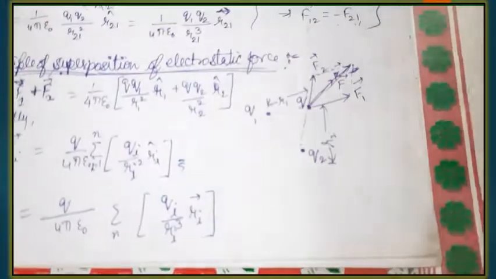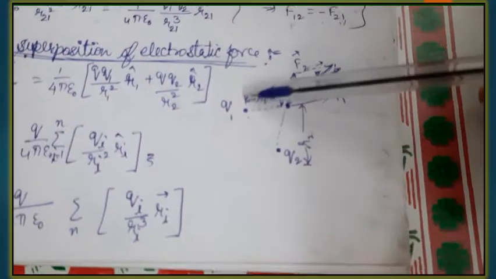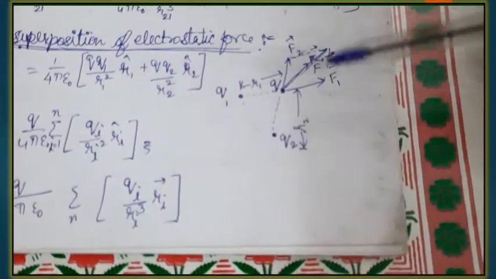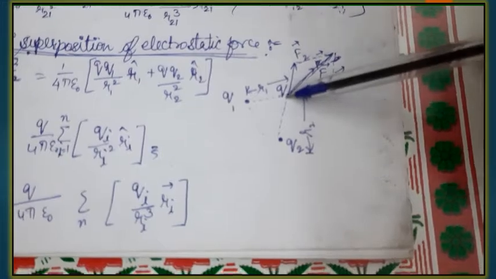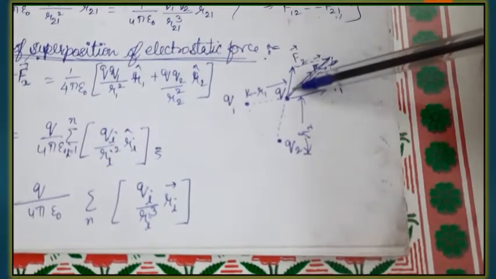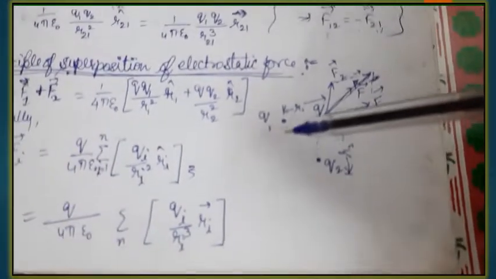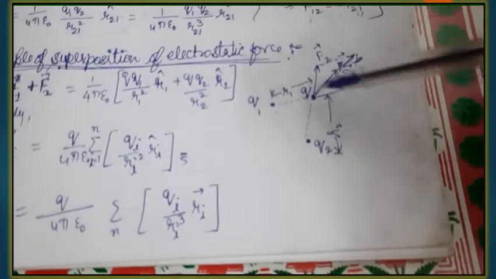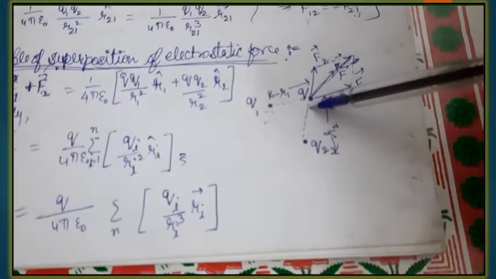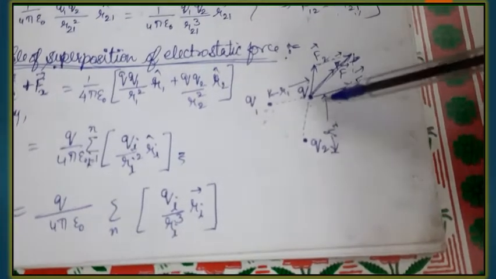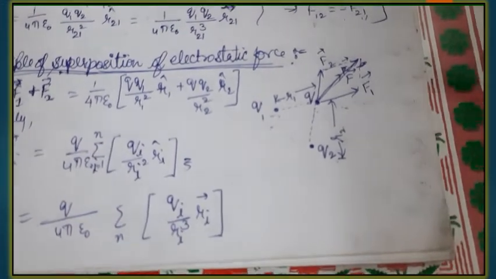So suppose I have this figure, this diagram. We have two charges, q1 and q2, and there's a third charge q. The positions of all three are shown here. Now r1 is the distance between q1 and q, while r2 is that between q2 and q.